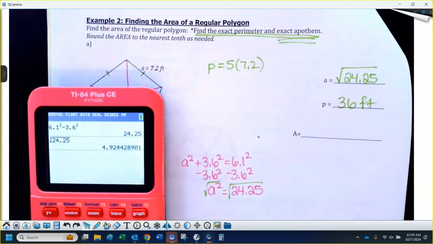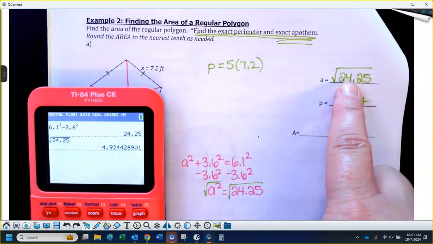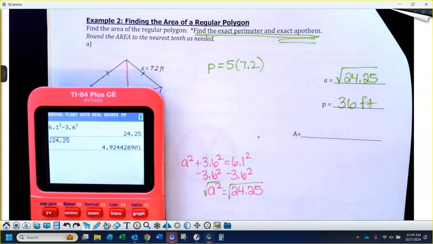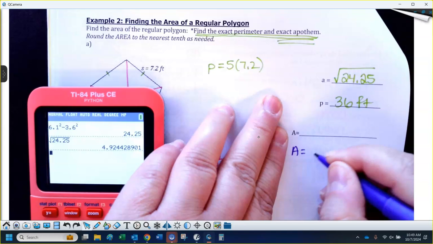That way, when we actually do the area, we're going to round to the nearest tenth, but I don't want to round multiple times as I'm doing the problem because that will make my answer not as accurate as it could be. When I actually go ahead and do the formula, then I'll type it in there, but this is what I mean by the exact apothem. It's the square root of that number. It's just this weird decimal. Okay, you got those two pieces, so you're good.